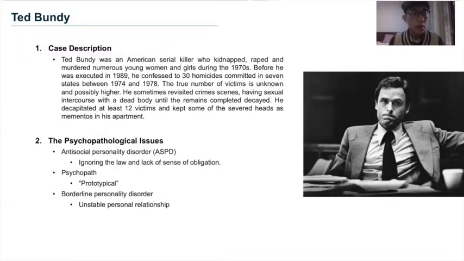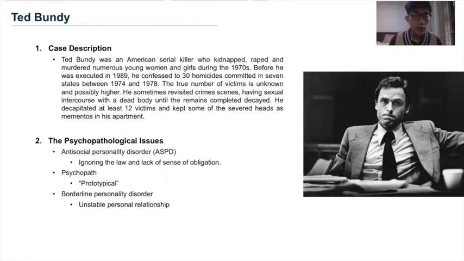The second point is the psychopathological issues. According to 70 psychologists' analyses, they all agree Ted Bundy had antisocial personality disorder, ASPD, and they also thought he was the prototype of the psychopath.